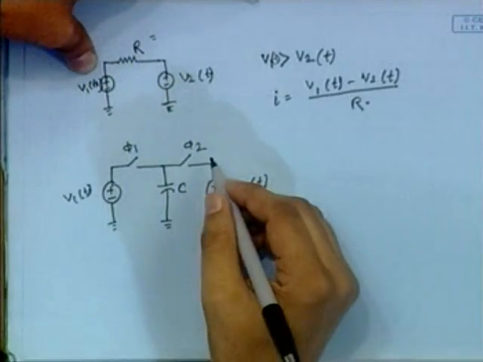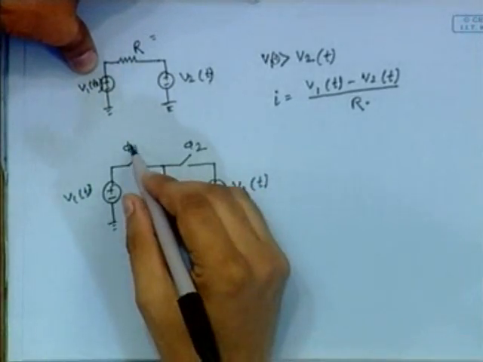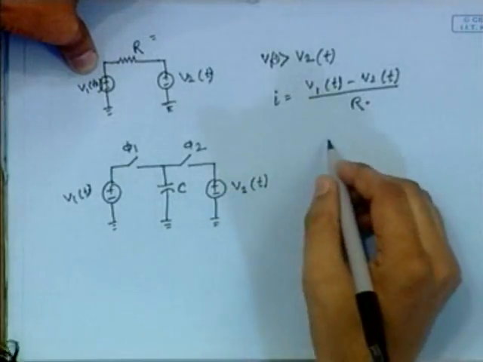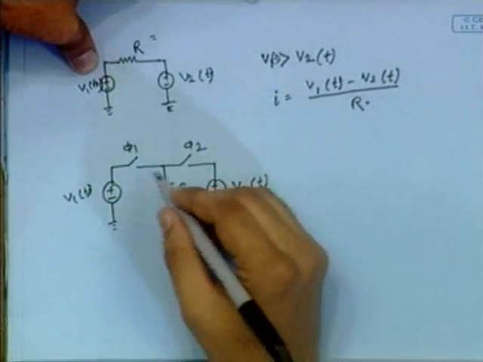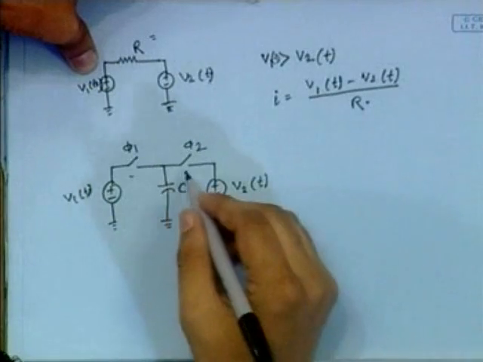Phi 1 and phi 2 are two different voltage pulses, and these are used to operate these two switches.